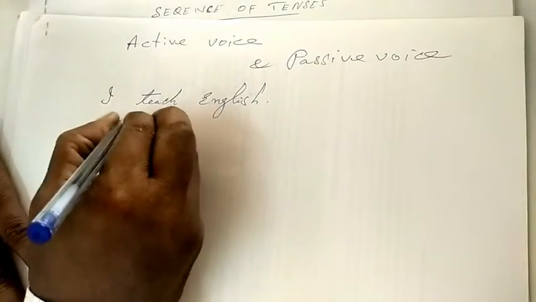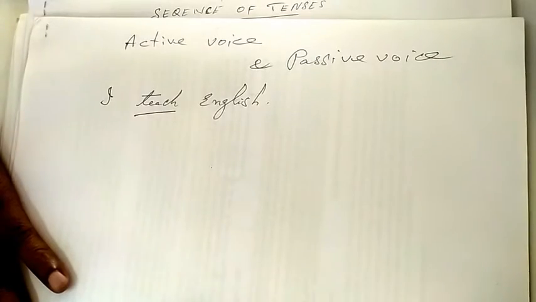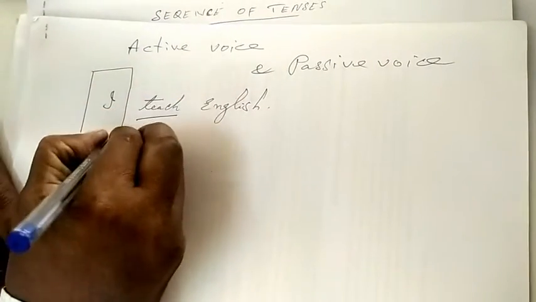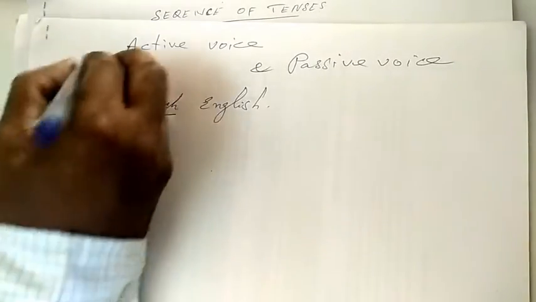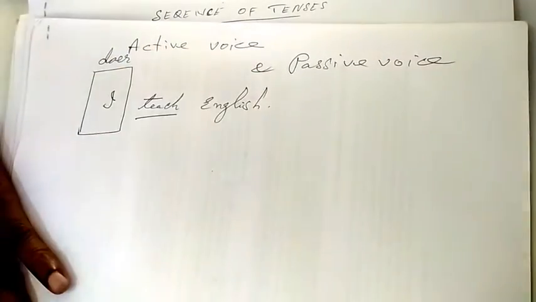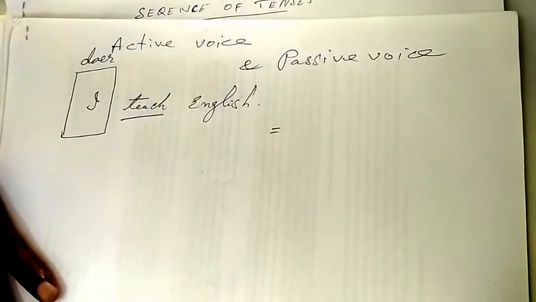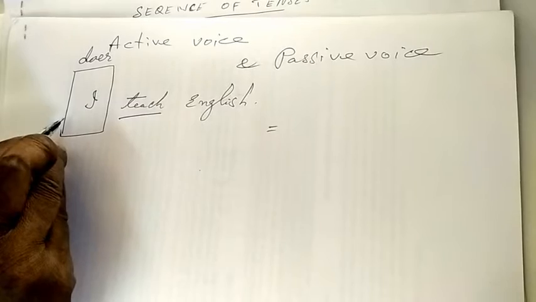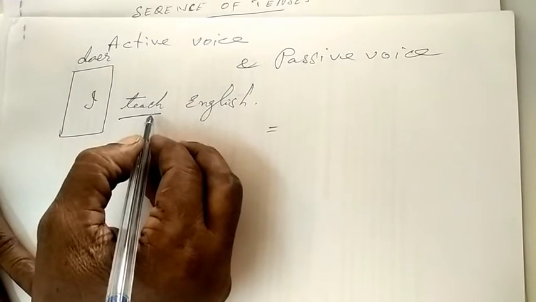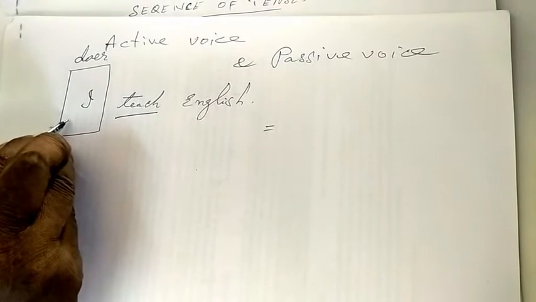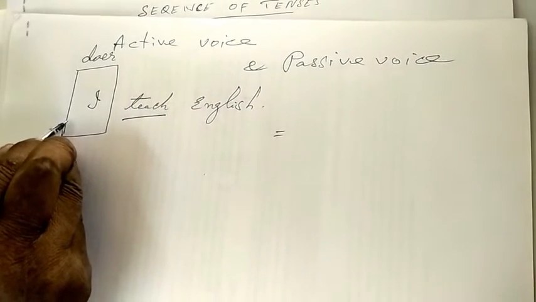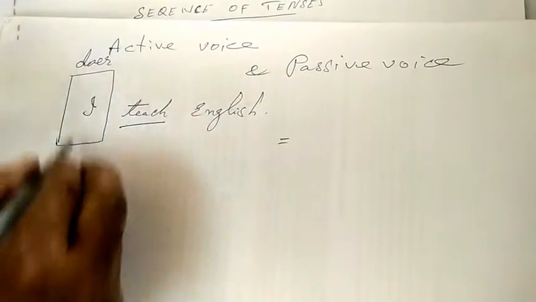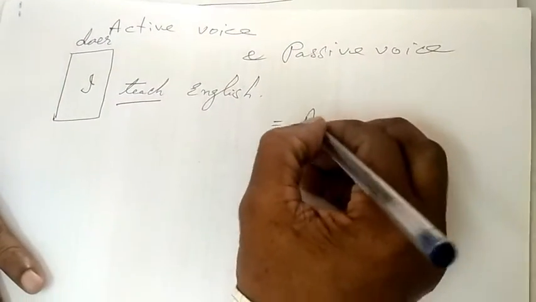The verb is teach. Who is doing that action of teaching? I. In other words, I is the doer of the action. And the definition is very simple, therefore. If the doer of the given action is also in the place of subject, you call it active voice, meaning thereby the subject I is active.